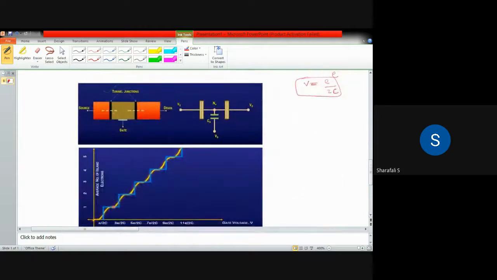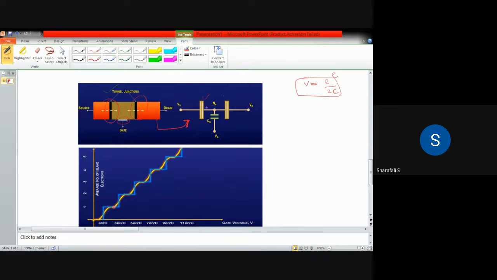We are not going to discuss the gate, source, gate, drain, all those things, but you have to focus on these junctions: the first tunneling junction, the second tunneling junction. We also have one capacitor here. So we can reduce this figure again into this form.